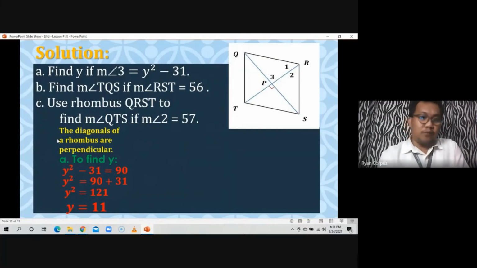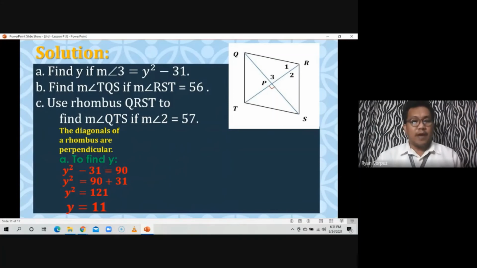So it proves that the diagonals of a rhombus are perpendicular because the measure of angle 3 is equal to 90 degrees. So four 90-degree angles are formed when we draw the diagonals of a rhombus. That answers letter A.